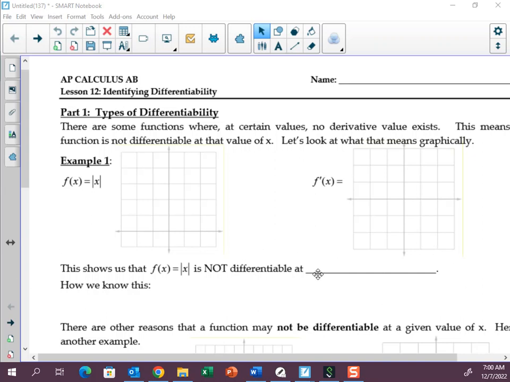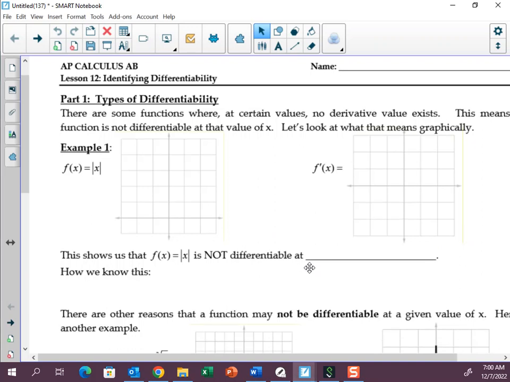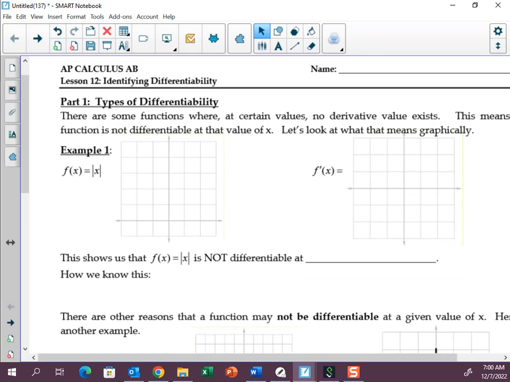Another way to say this would be sometimes there's places on a function where we can't legitimately calculate the slope. There are visual clues on certain functions that tell us that calculating the slope there is going to be a problem. And the first part of this is going to illustrate some of those.